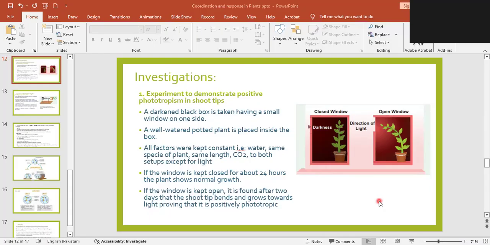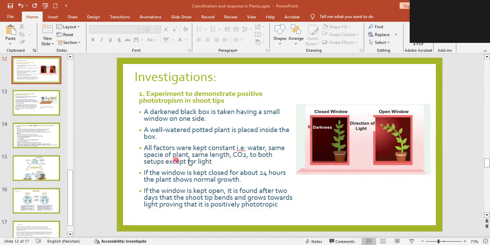Control is a scenario you have created against the experiment you are studying. And constants are the variables which you provide to the plant regardless of the control and experiment setup. Both plants will be well watered with the same amount of water, the same species of plant, and the same plant height. So there will be an easy comparison you can make. All factors were kept constant.